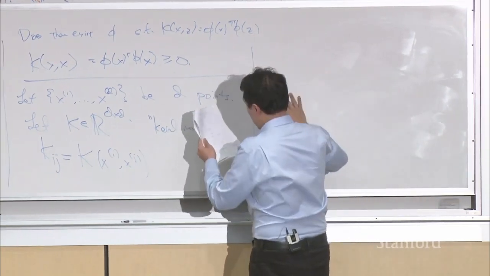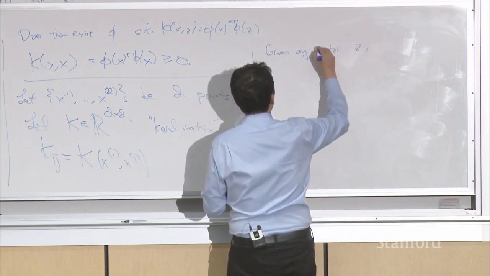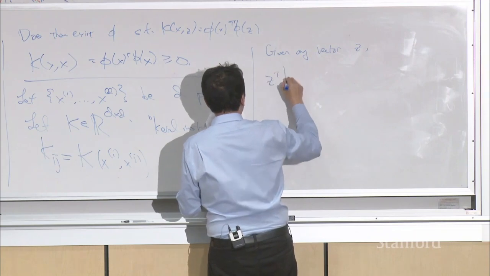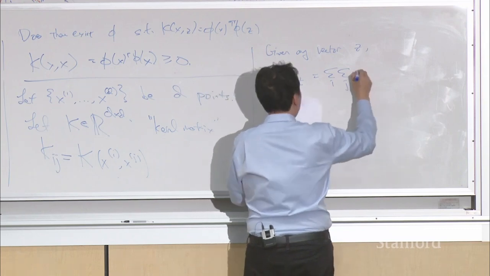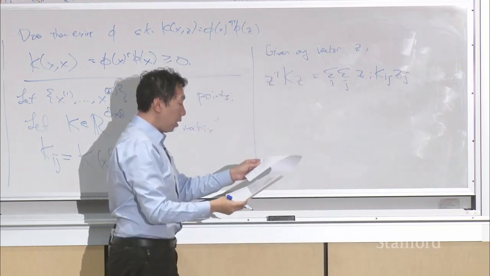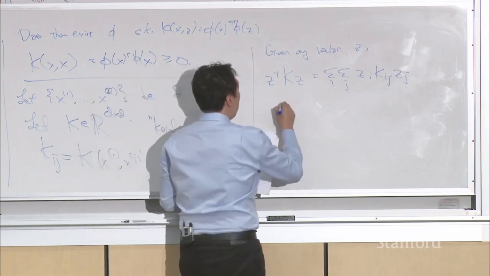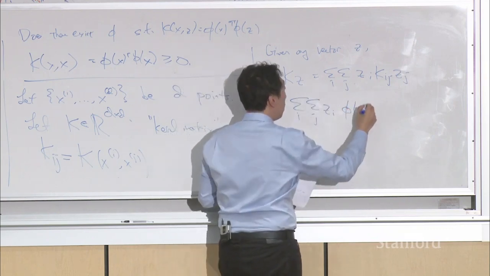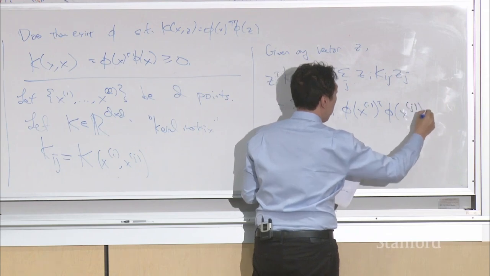So it turns out that given any vector z, and I think you've seen something similar to this in problem set 1, z transpose K z, which is the sum over i, sum over j of z_i K_ij z_j, if K is a valid kernel function, so if there is some feature mapping phi, then this should be equal to the sum over i, sum over j of z_i phi of xi transpose phi of xj times z_j.